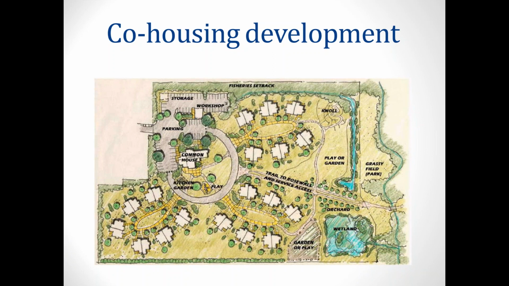So as you can see, there's a series of loops within this development that boasts about 36 lots in total, but there's an area for parking, and then everything else within the development itself is walkable or scootable or bikeable. And there's some shared assets like a workshop and storage areas.